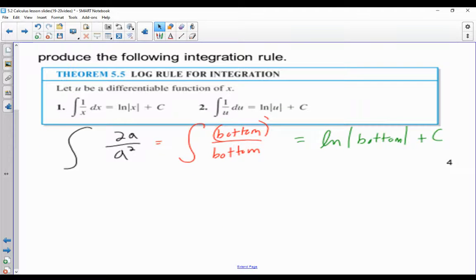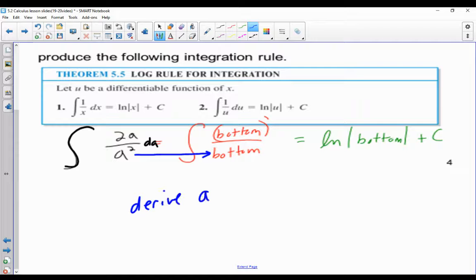Let me give you an example. Let's say I give you the integral of 2a divided by a squared da. But anyway, here is the trick for these. I want you to first look at the bottom, which in this case is a squared. Then I want you to derive a squared, and of course, if you derive a squared, you get 2a.